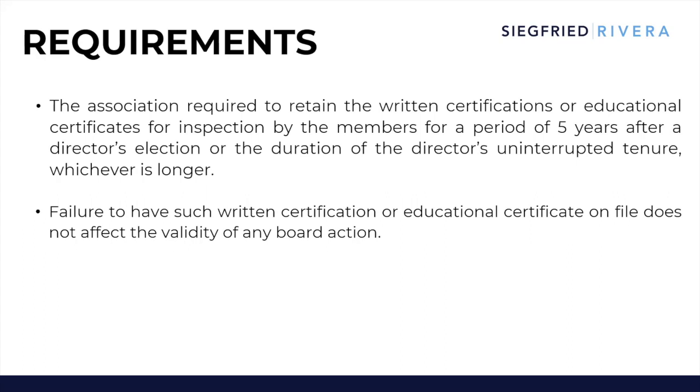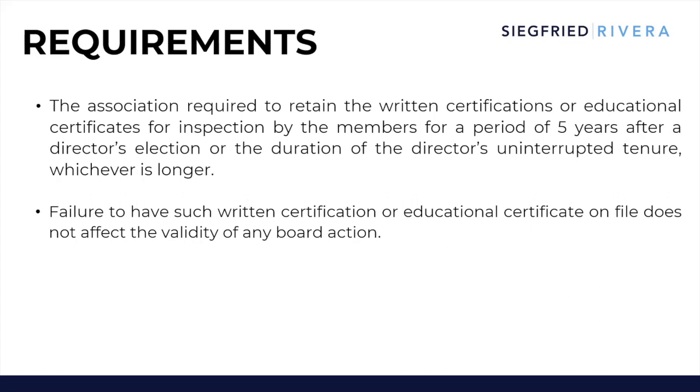The certification forms and education certificates are part of the association's official records, which means these documents are available for members to inspect and copy upon written request to the association.